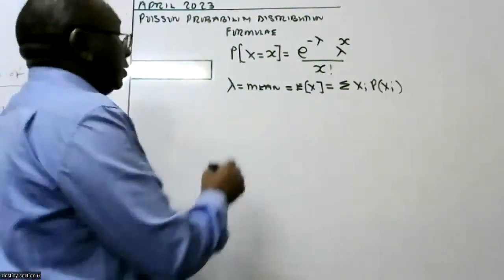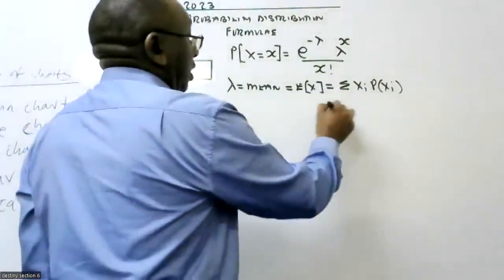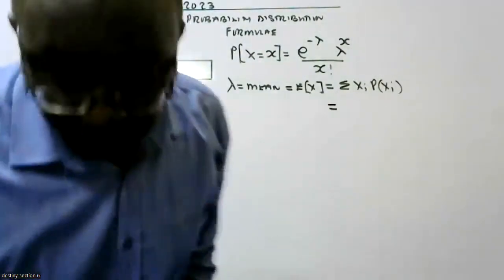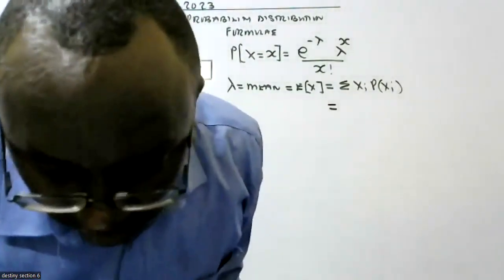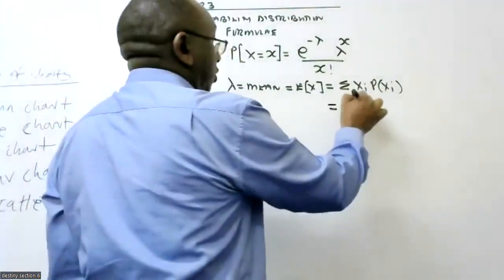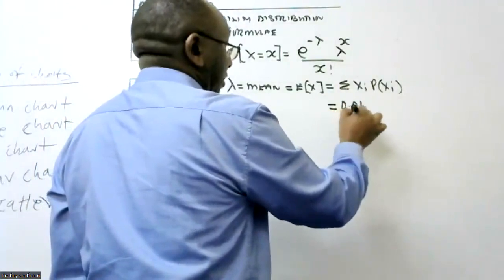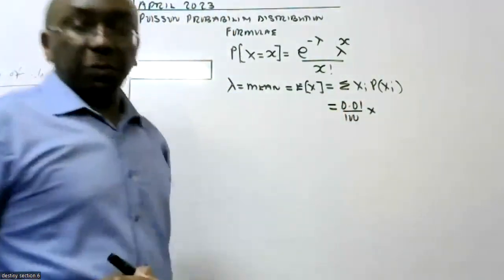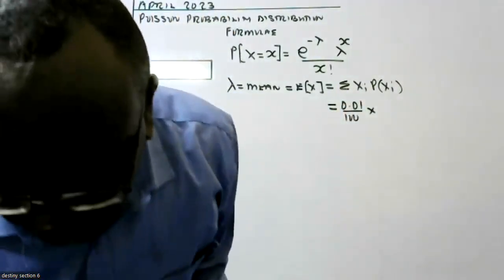And this means that our probability is 0.01% multiplied by n, the total number.